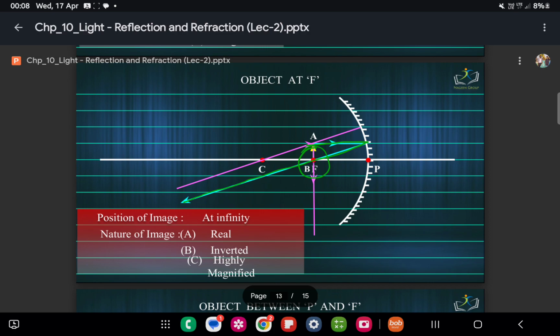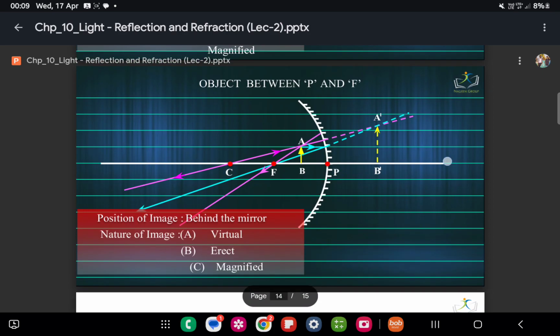So if the object is at F, the position of the image is at infinity. Infinity means too far away, and we can't judge the image size either. The nature of the image is real, inverted and highly magnified. Highly magnified means it will show in a very large size.